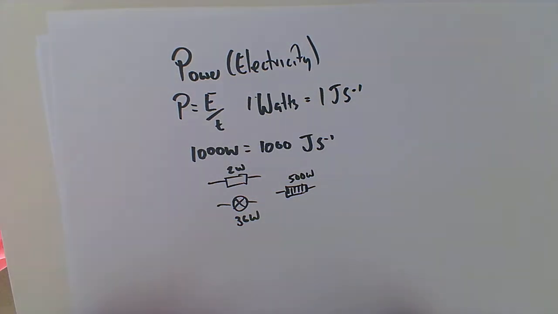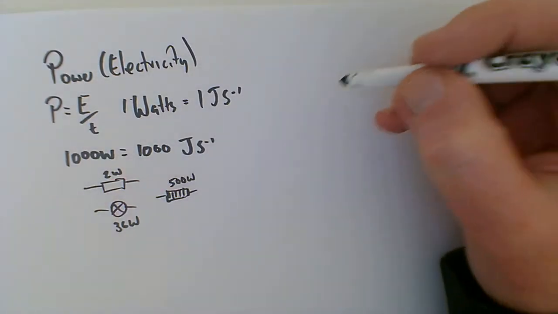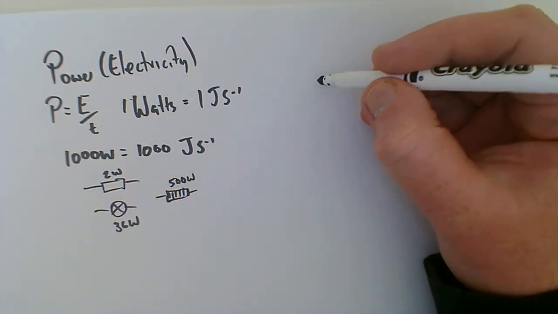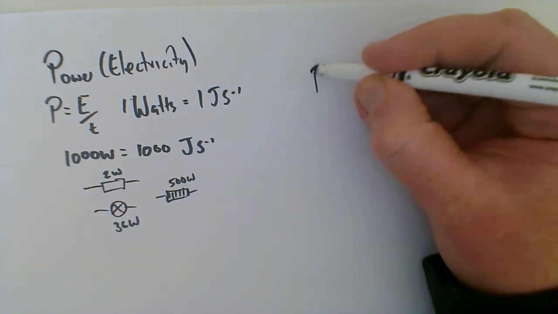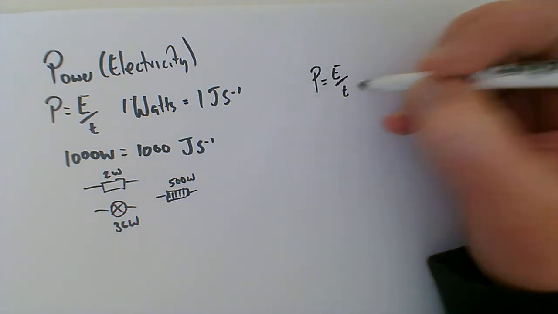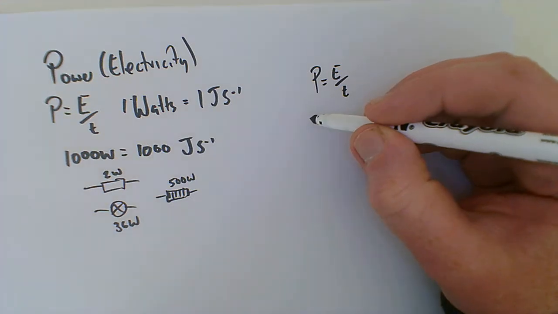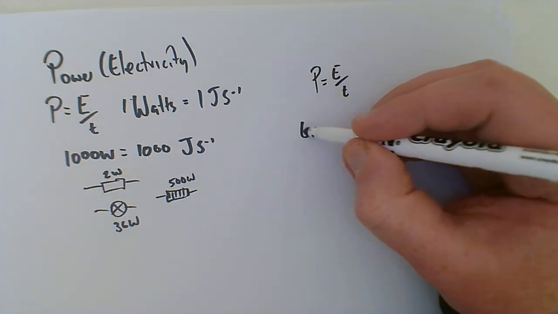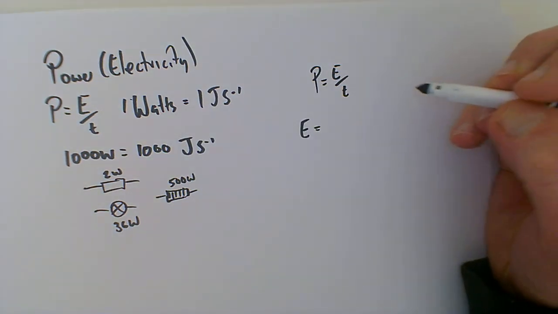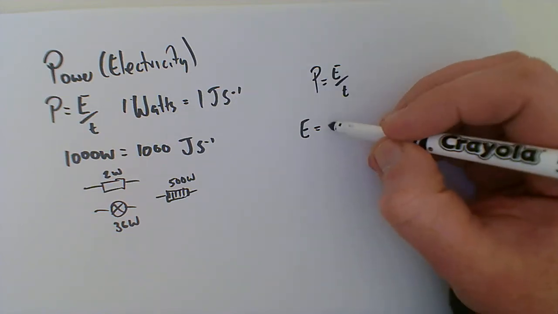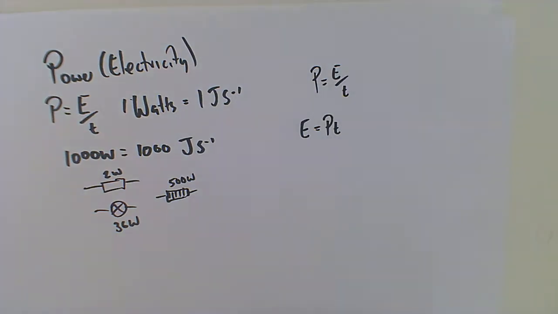Right, so the 3 power equations that are very useful when we talk about A-level electricity. We start with our basic one here. P is equal to E over T. But in electricity, sometimes we need to know how much energy has been transferred. So if we take the T up here, E equals PT.